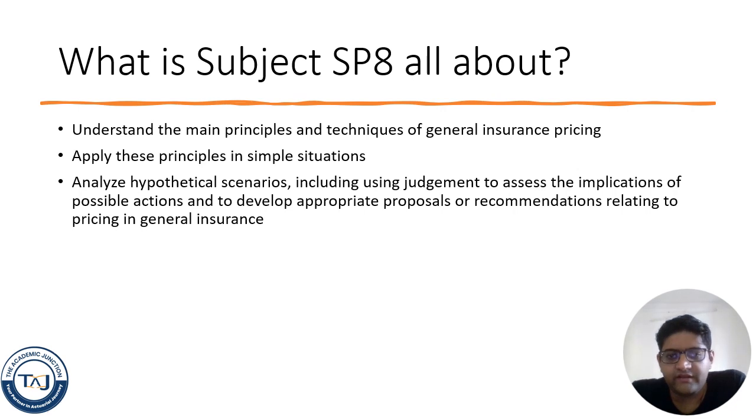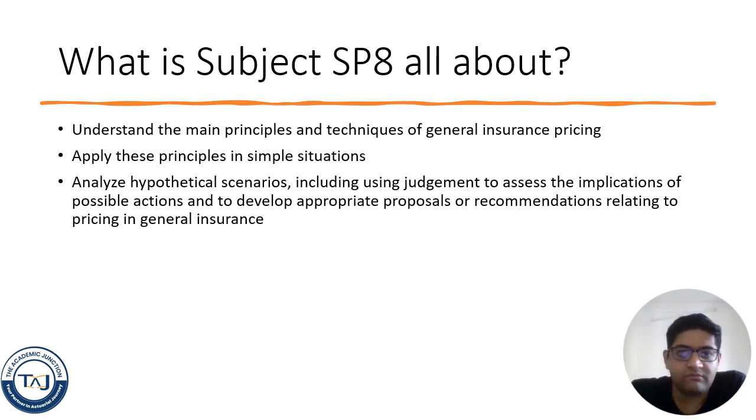SP8 is all about understanding the main principles and techniques of general insurance pricing, applying these principles in simple situations, and analyzing hypothetical scenarios, and helping use or build your actuarial judgment to assess the implications of possible actions and develop appropriate proposals or recommendations relating to the pricing in general insurance. So the entire paper tests your knowledge as an actuary working in the pricing team of a general insurer, right?